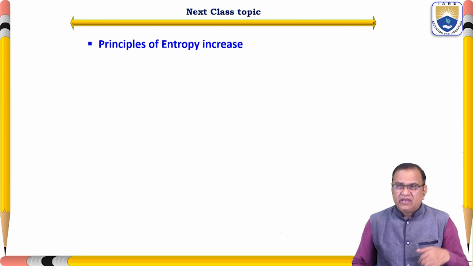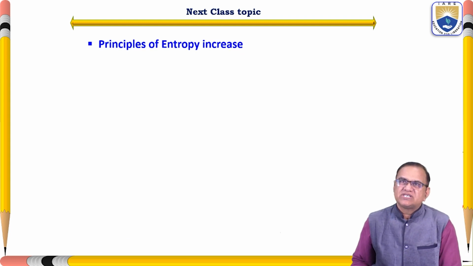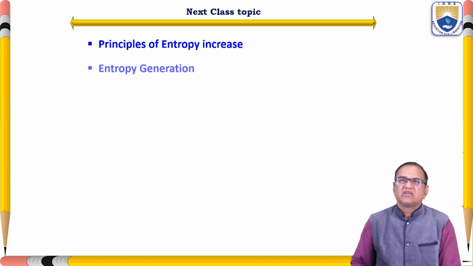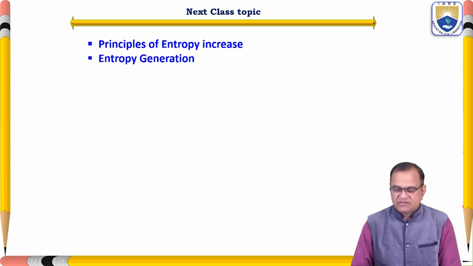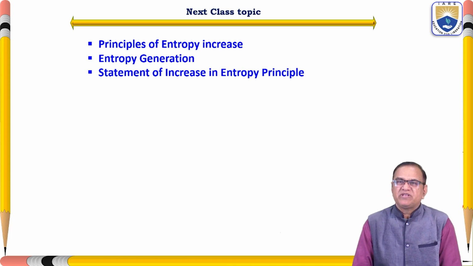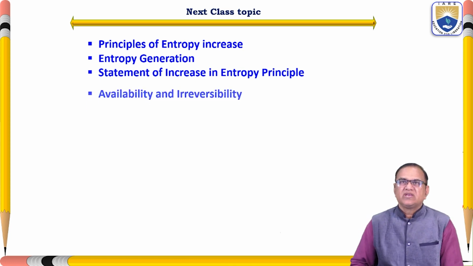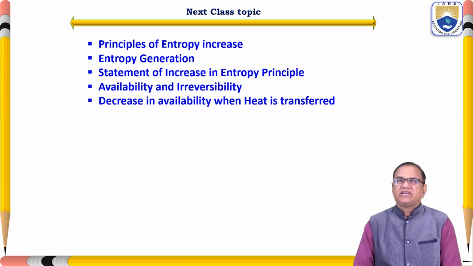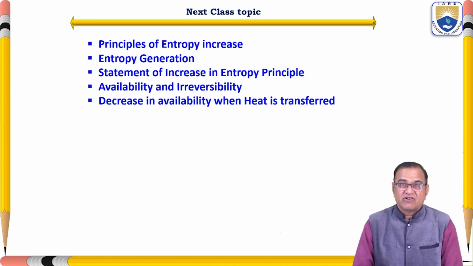So in the next class, I am going to discuss principles of entropy increase, entropy generation, statement of increase in entropy principle, availability and irreversibility, decrease in availability when heat is transferred.